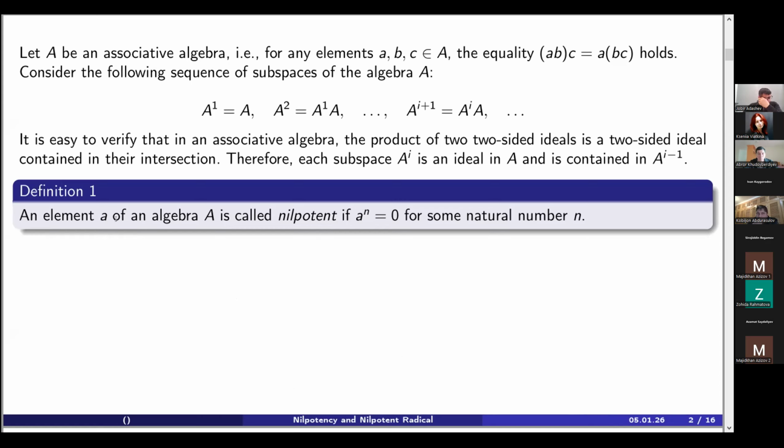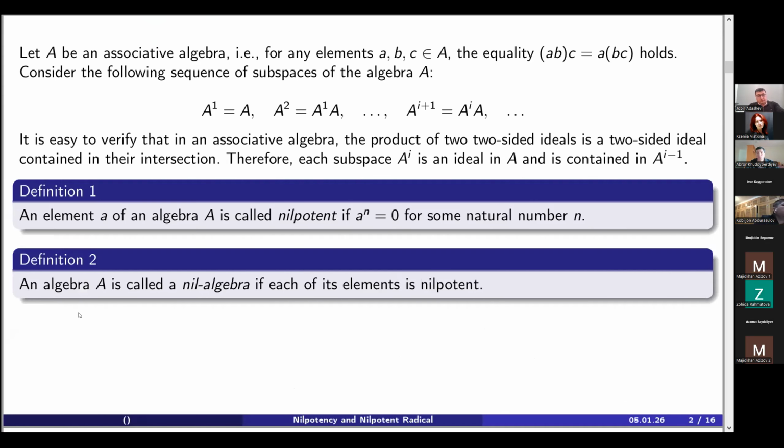Definition 1: an element a of an algebra is called nilpotent if a to the power of n is equal to 0 for some natural number n. Definition 2: an algebra A is called a nil algebra if each of its elements is nilpotent.